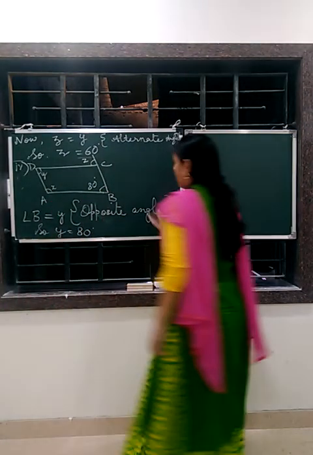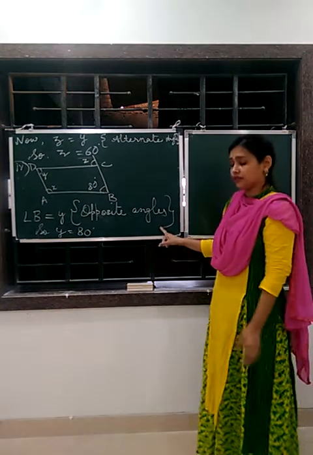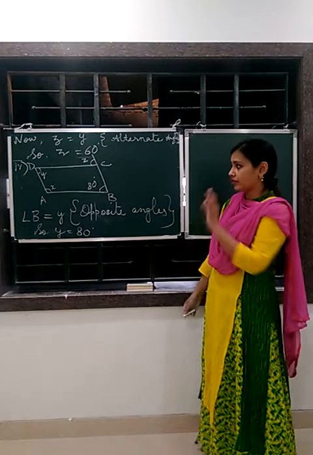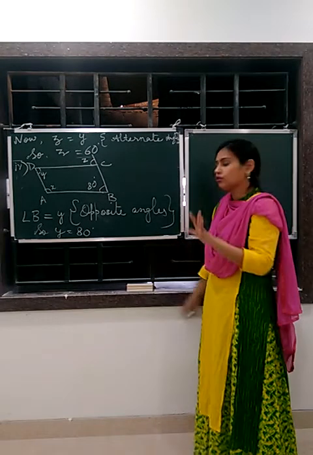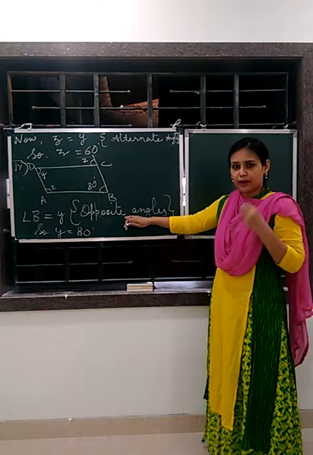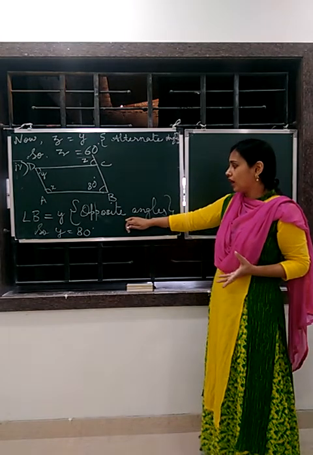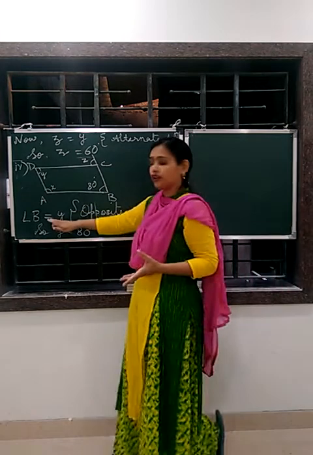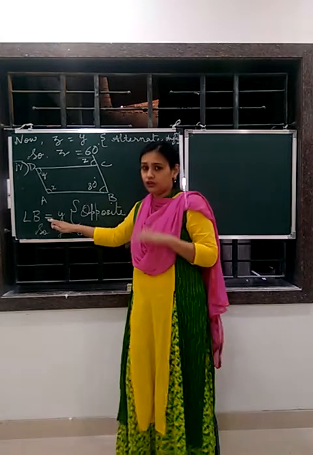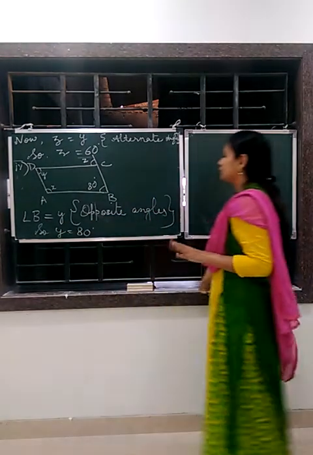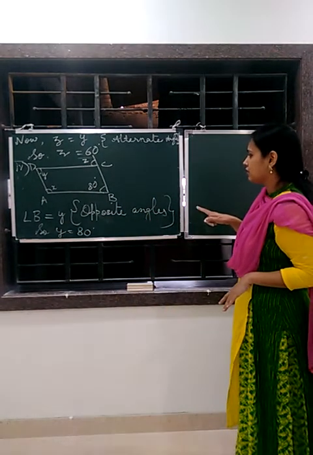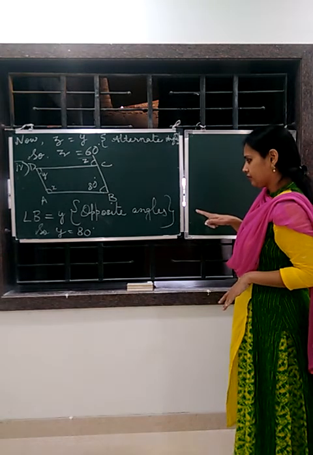They are opposite angles. It is very important to give the reason everywhere, children. Whatever condition you are applying, you need to write by which property you are showing that this is equal to that. Got it? So Y is 80 degree.